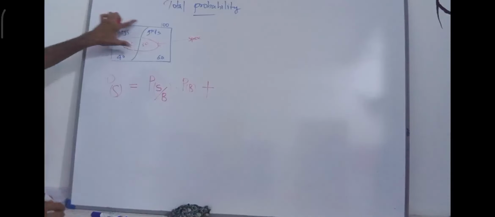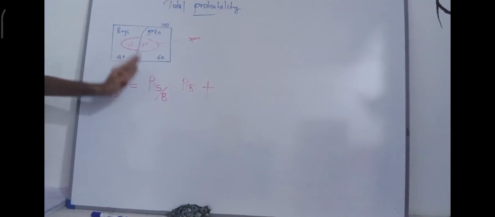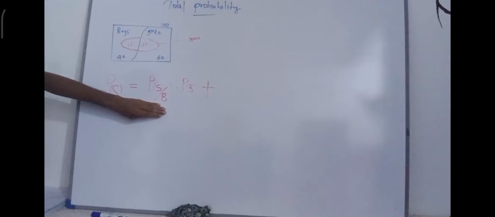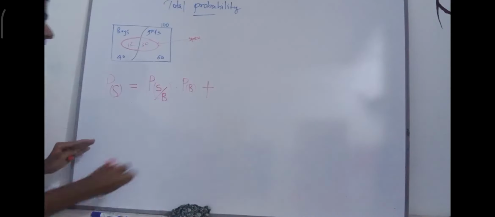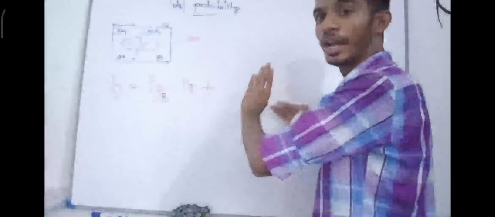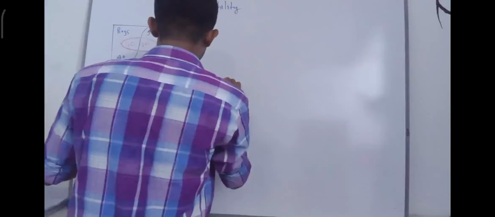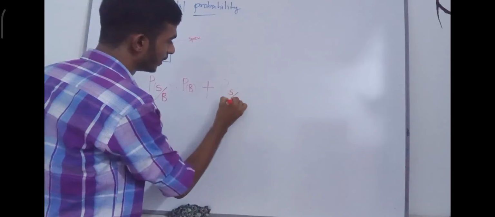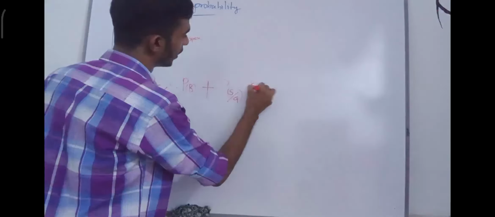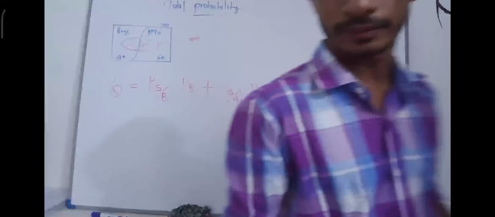Plus, probability of wearing specs when the student is a girl, into probability of girl. So this is the equation for the total probability, right?